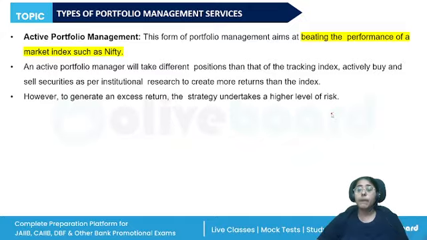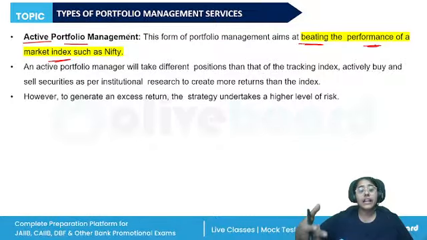Now, portfolio management services are also of three types, or rather four types. We have active portfolio management, which actively involves buying and selling. So there is active churning of the portfolio. So here the manager aims at beating the performance of a market index. We select an index like Nifty, and we will try to outperform the index.